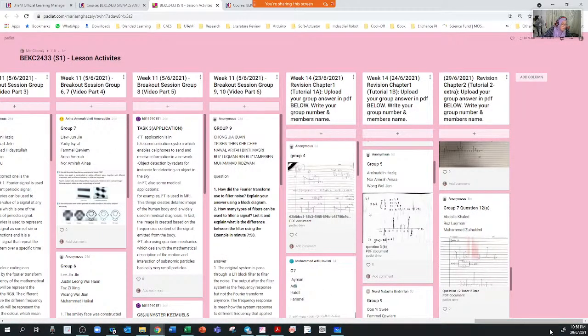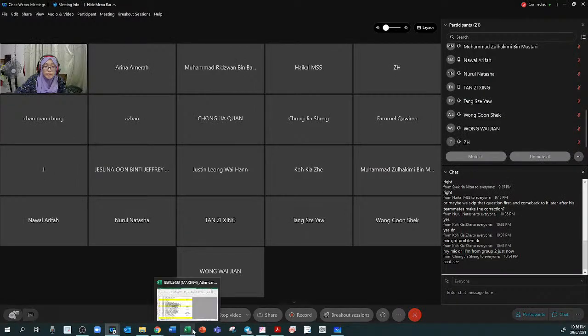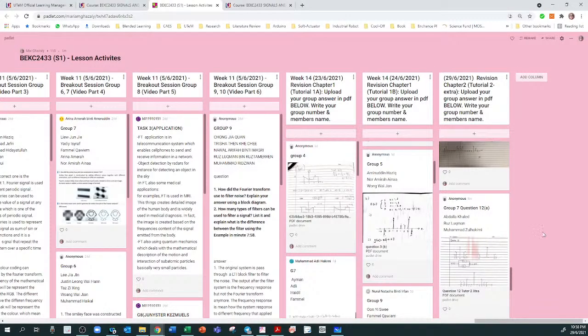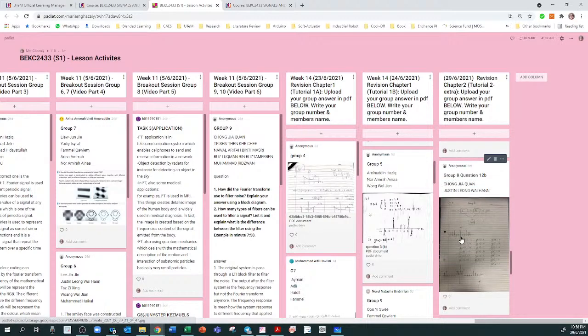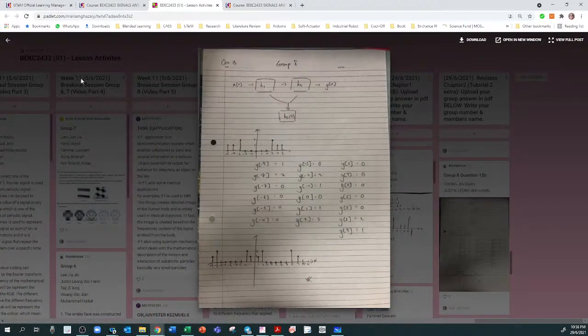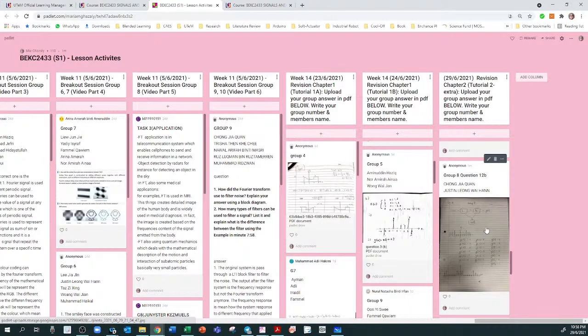Next is group 8. Group 8, can you share your answer? Group 8. Last kita nak tutup kedai dah. Group 8. Chong, Jia, Kwan. Yes, madam. Oh, Justin. Okay, siapa? Please share your screen. Siapa tu? Chong or Justin?